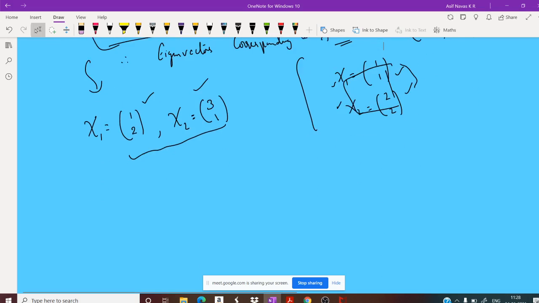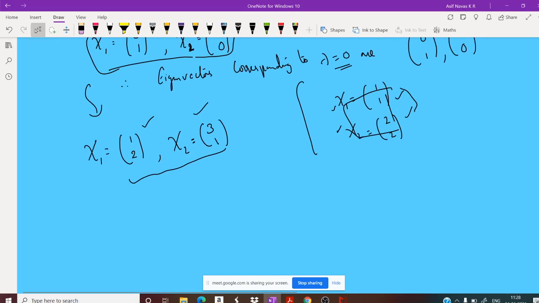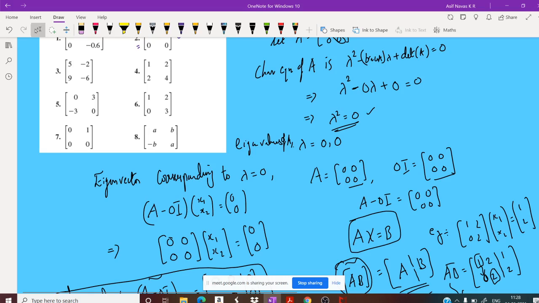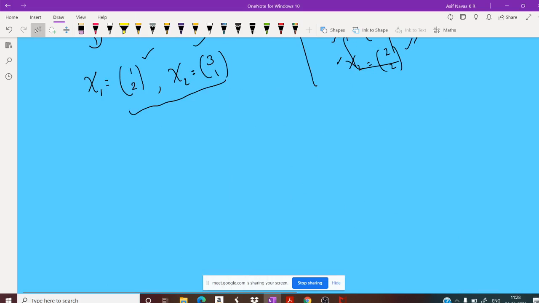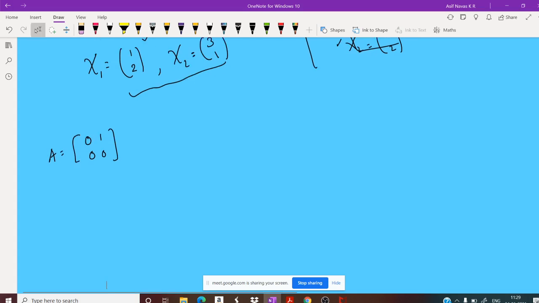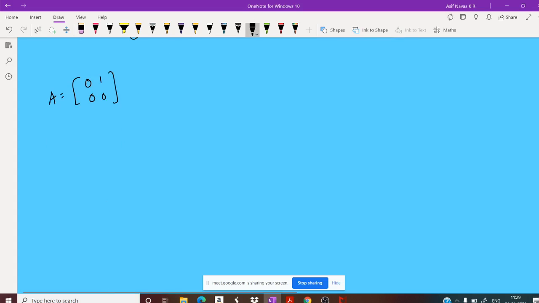Any doubt? No, sir. So now we will do this problem. Find eigenvalues and eigenvectors of A equal to [0 1; 0 0]. Tell me, what is the characteristic equation?